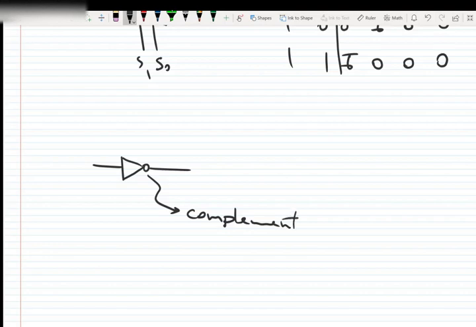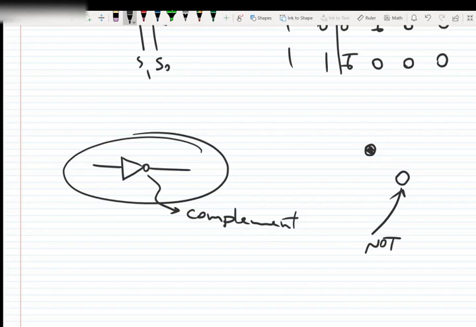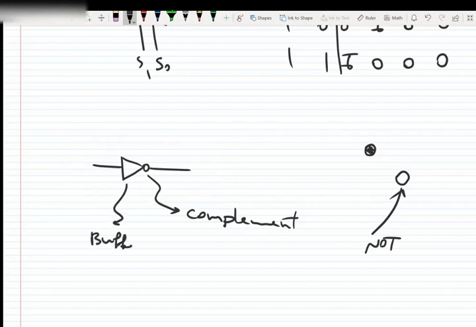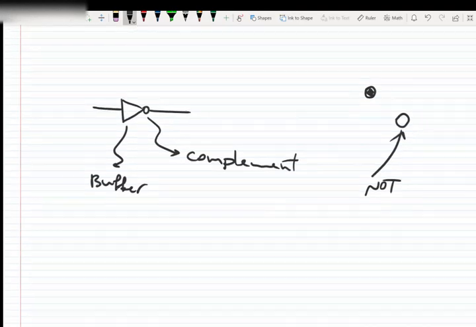Everywhere you see a small circle which is not filled, it means not. Even here, this triangle means a buffer that does nothing. I will talk about the buffer later, but this small circle means complement.